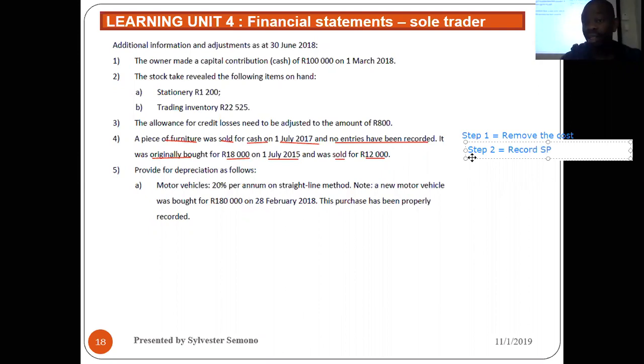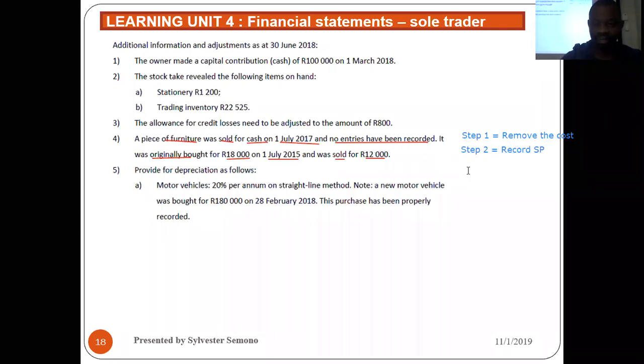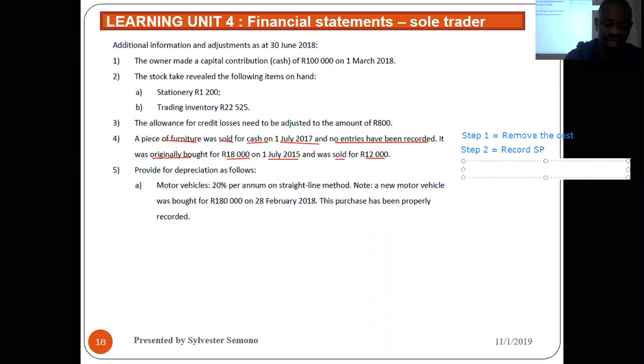Remember? And then step 3. Yeah, you can do that, but for me, I prefer this one. Remember when we did this in class? But it's okay, you can remove it first. It's okay. Accumulated depreciation.